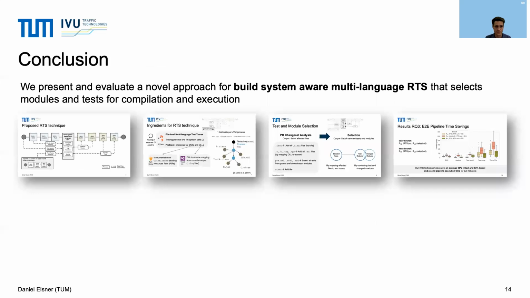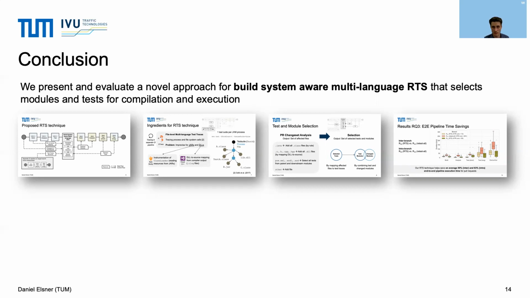Let's conclude. So we presented and evaluated a novel approach for build system-aware multi-language regression test selection that selects modules and tests for compilation and execution respectively. We use system call tracing and static program analysis to achieve that.